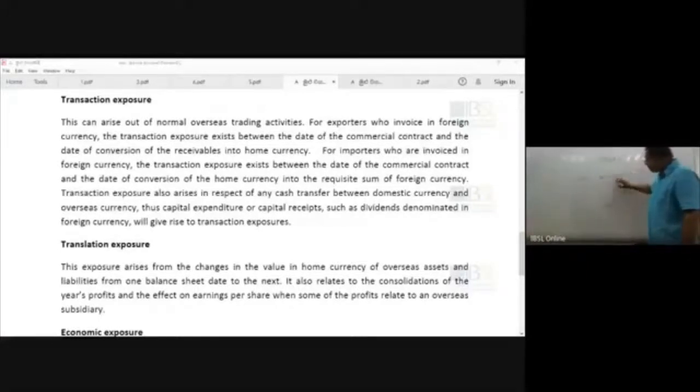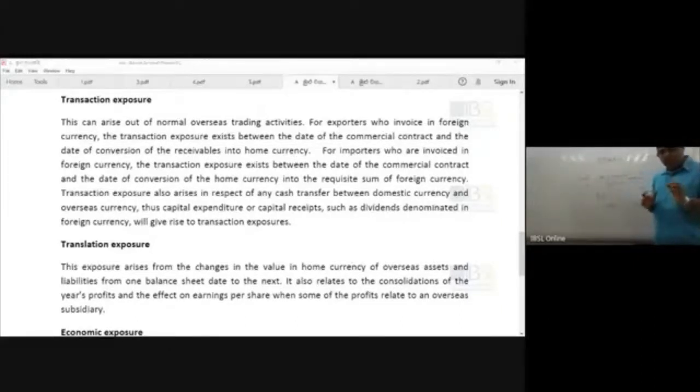If you subtract the spot rate from the forward rate, you will arrive at a premium or discount. Why do I say it's a premium or discount?